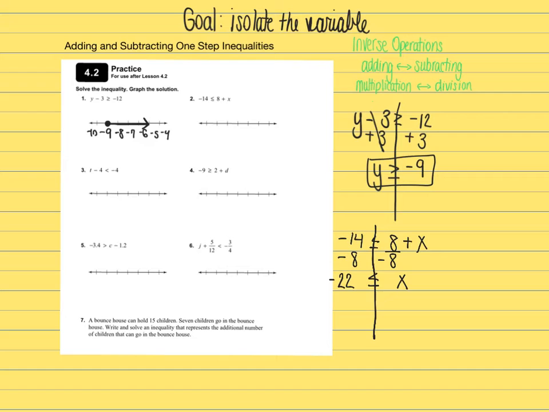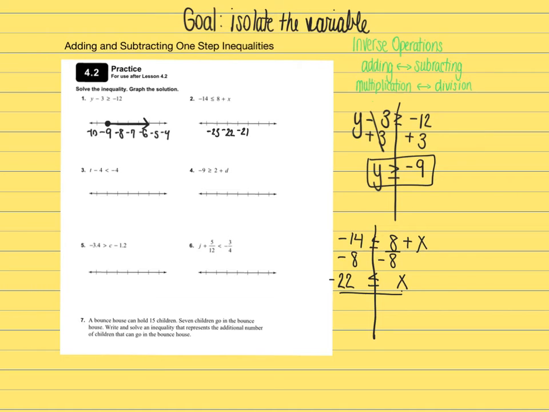So now I'm going to read this inequality to myself. It says here x is, and then I know that this is greater than because my mouth is open to the x. So x is greater than or equal to negative 22. So I'll just go back up here. I'm going to start with negative 22 here. I'm going to do negative 23 there, negative 21 there. Really, I am a fan of if you can put 3 points on a graph, really that's all you have to have in these cases.